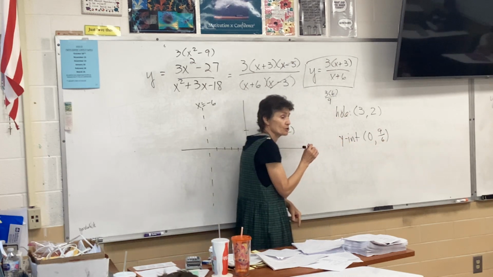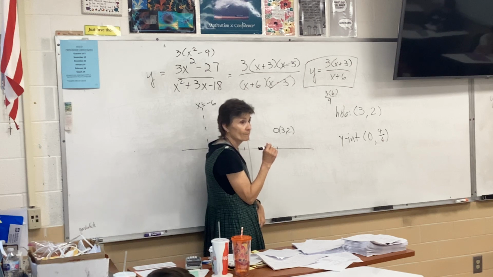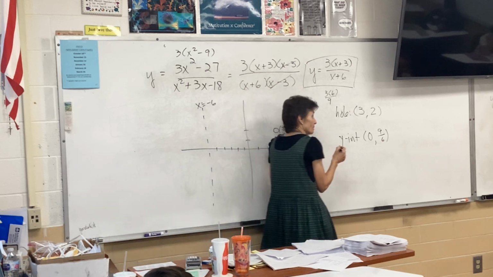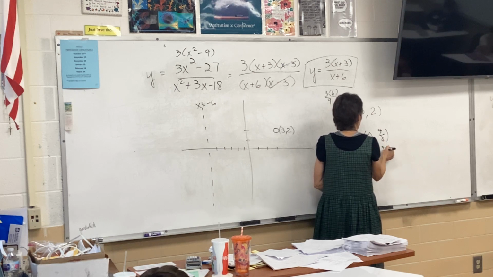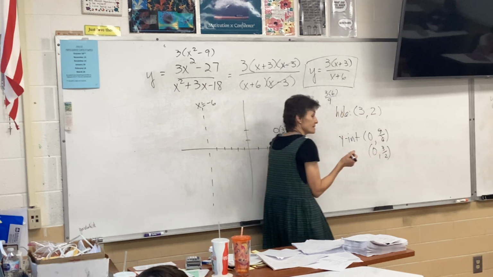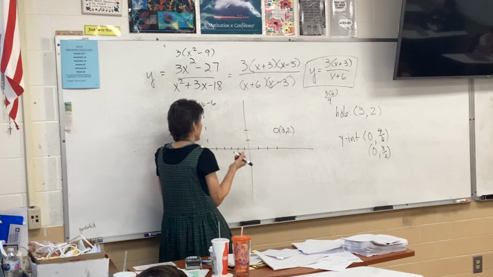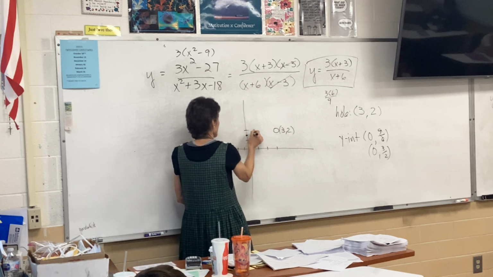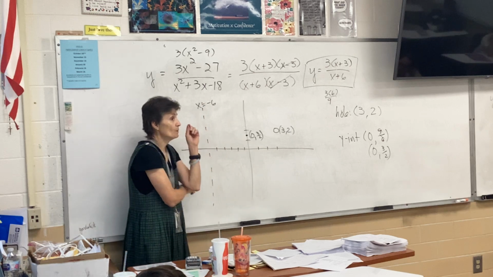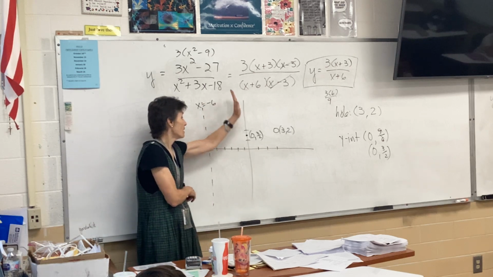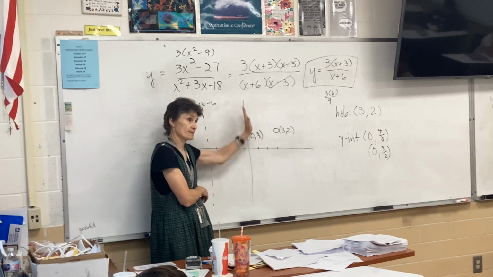So I'm actually going to plot the point 0, 3 halves, but it is 9 over 6. That's 1 1/2. So here's my y-intercept. When you let x be 0, that means you're on the y-axis.